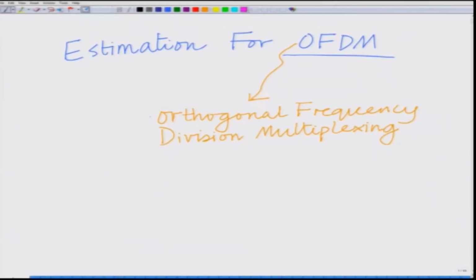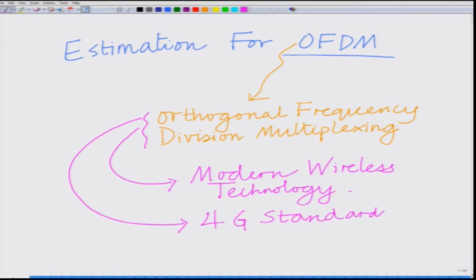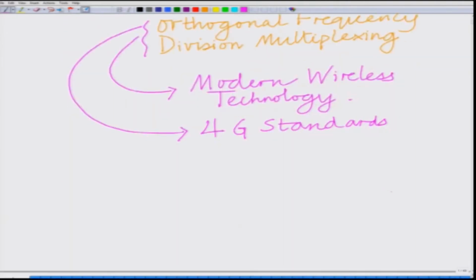So, OFDM is a very modern wireless technology, or one can say it is the latest wireless technology, and this is used in 4G standards such as the 4th generation cellular standard, for example, your LTE, which stands for long term evolution.